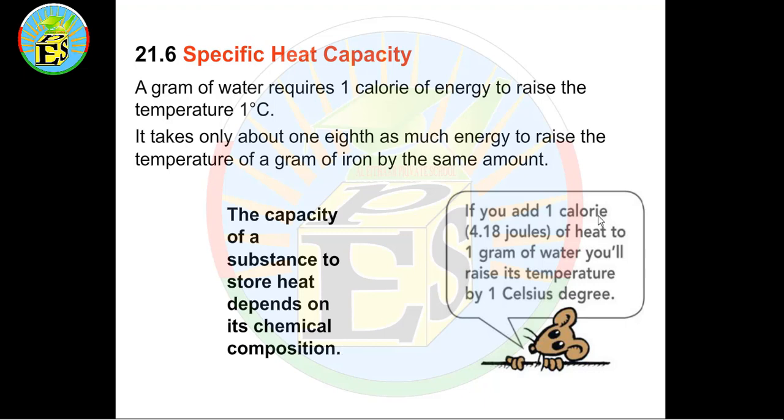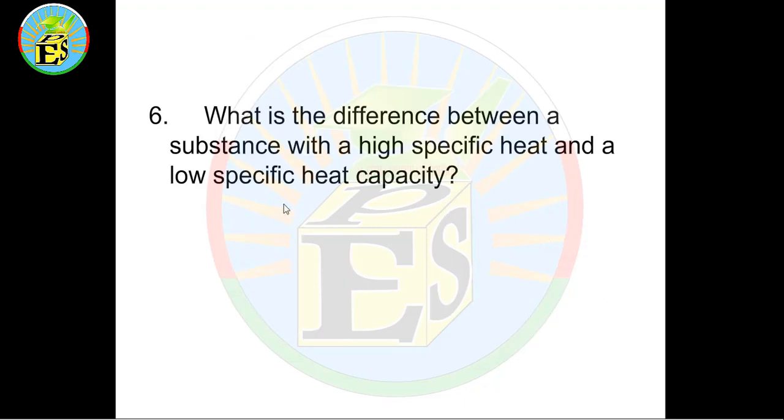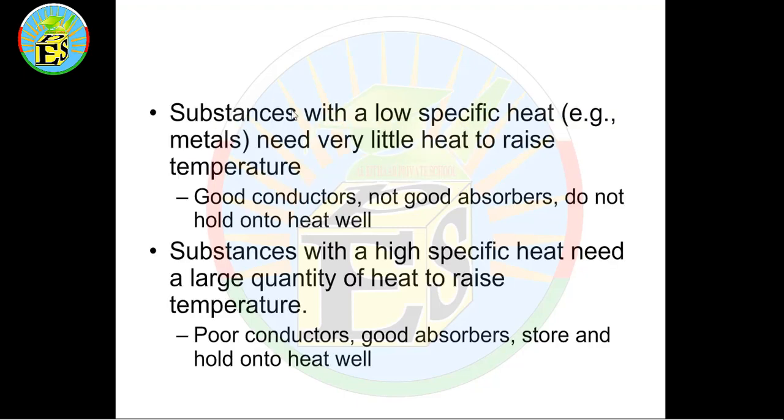If you add 1 calorie, or 4.18 joules, of heat to 1 gram of water, you will raise its temperature by 1 Celsius degree. What is the difference between a substance with high specific heat and low specific heat capacity? Substances with low specific heat capacity, like metal, need very little heat to raise their temperature. They are good conductors, not good absorbers, and don't hold heat well.